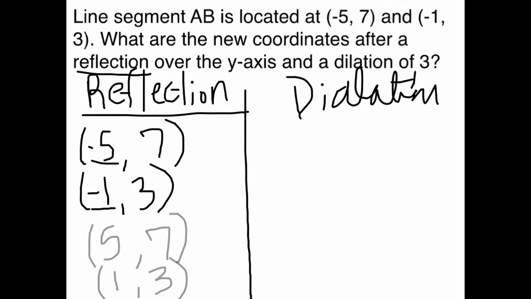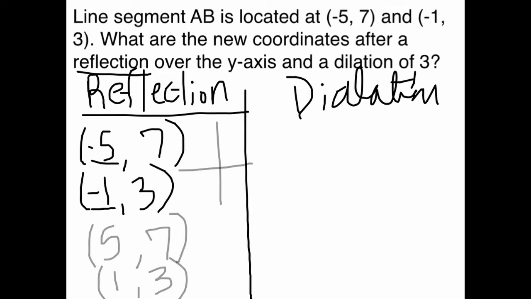Because again, my x values are the ones that are changing. If you need to think about it in terms of a coordinate plane, -5, 7 is going to be in this quadrant, where there are negative x values and positive y values. Likewise, when I reflect over the y-axis, that point goes in this quadrant, quadrant 1, where there's positive y values and positive x values.